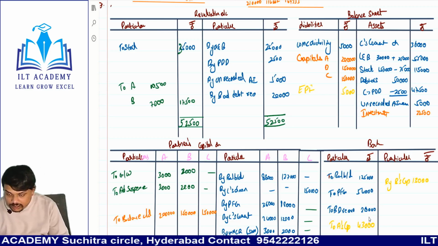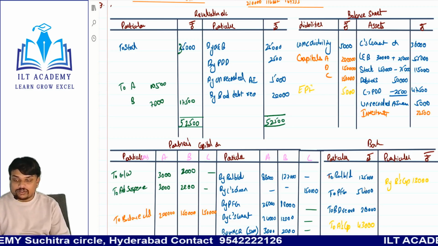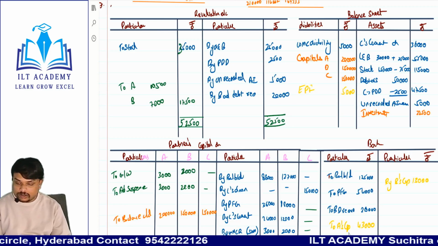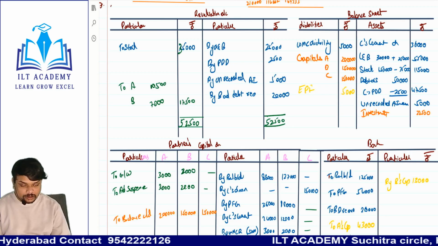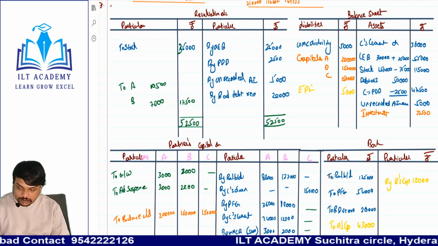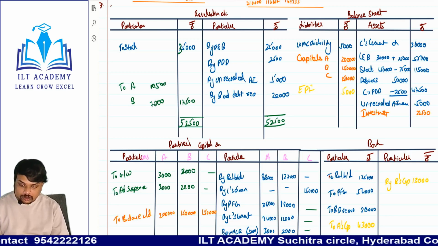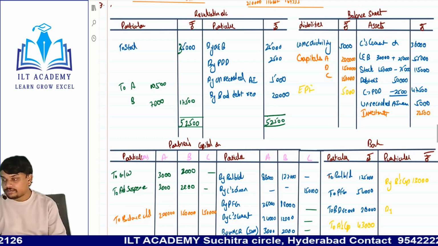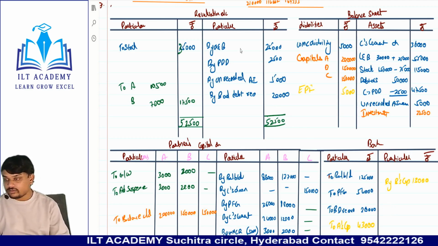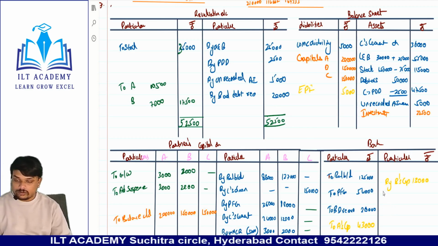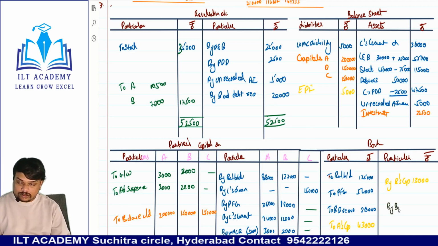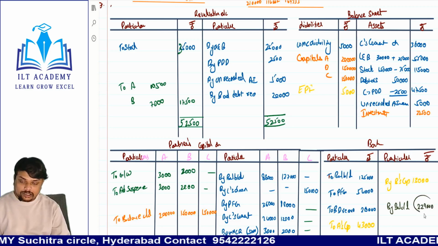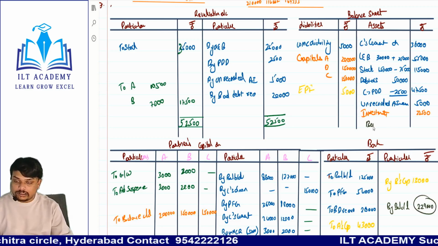So 43, 20, 63, 63 plus 54 plus 1,25,000. This is going to be how much more? 2,42,000. 2,42,000. So how much will the balance come? 2,29,000 taking from here to here.